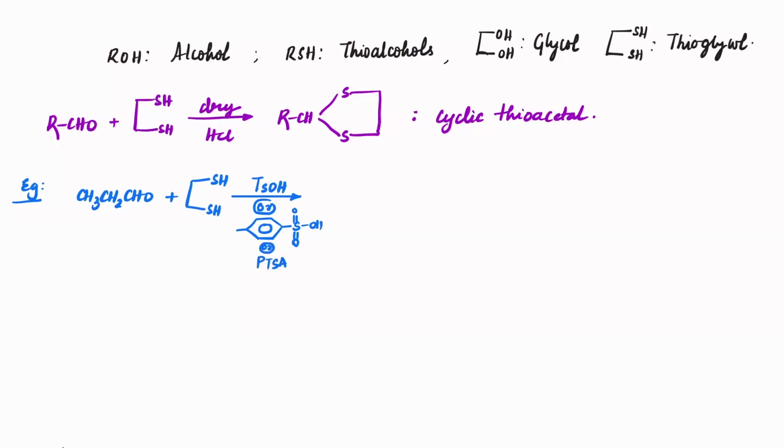What will they do? They will first make a cyclic thioacetal form here, CH3, CH2, CH, and then we'll have S connected this way. Once you get this, it becomes very essential to remove H plus. Suppose I use an extremely strong base like BuLi, B minus and Li plus.